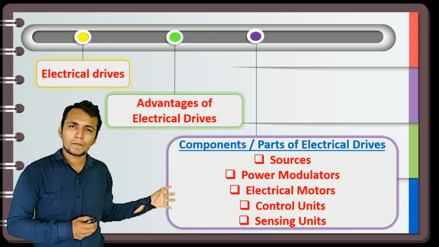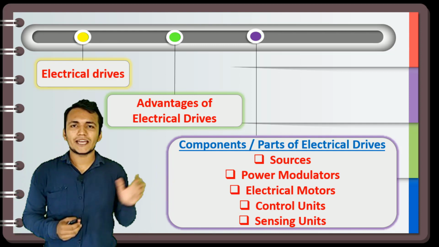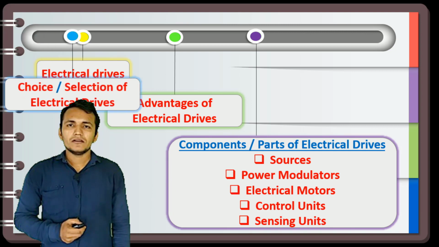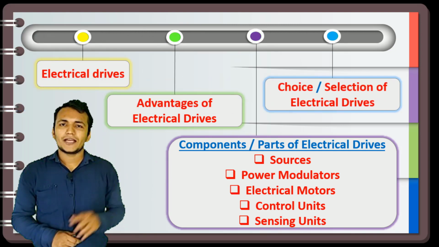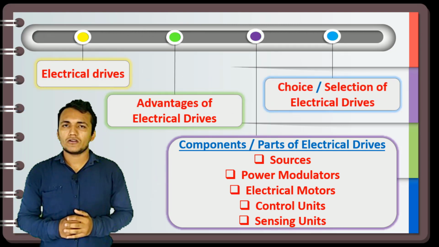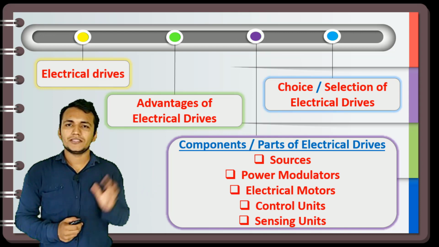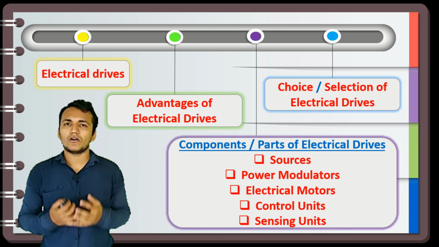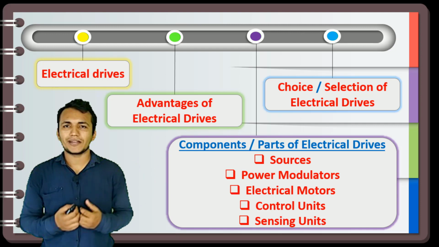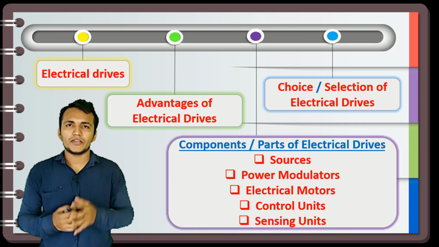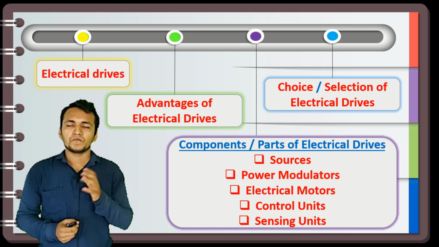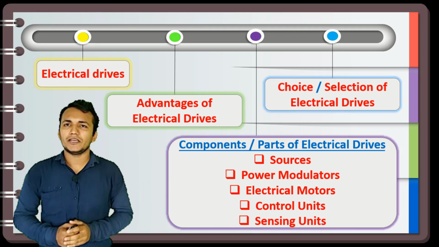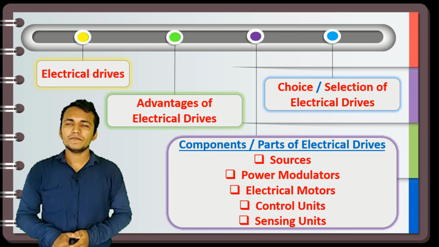Then the next important point is the choice or selection of electrical drives. In this we will study how to select or choose an electrical drive as per our requirement. That is the content that we have to study in this Unit number 1.